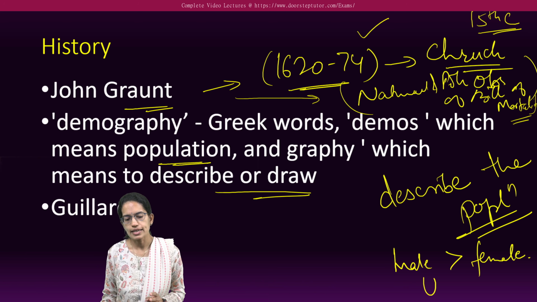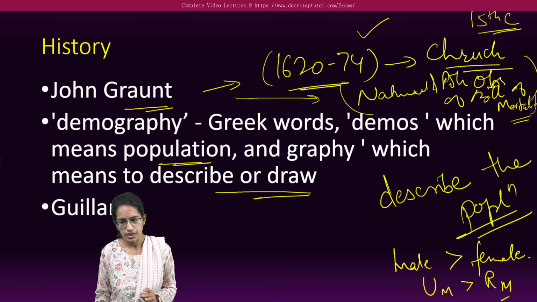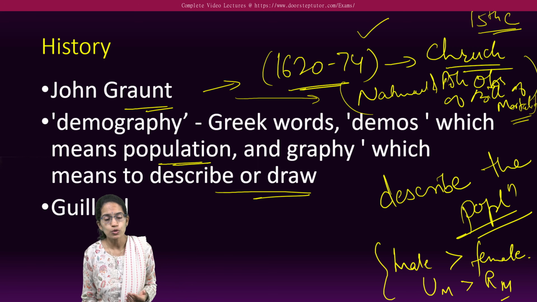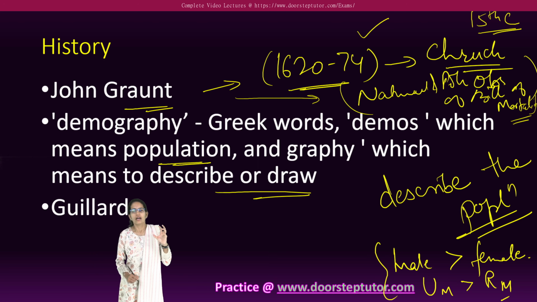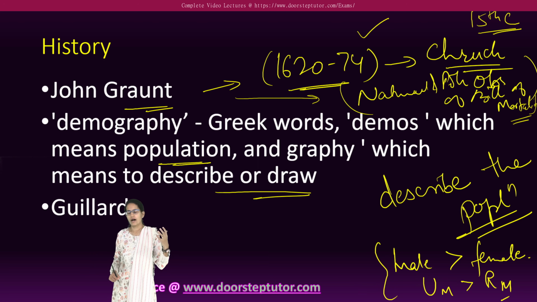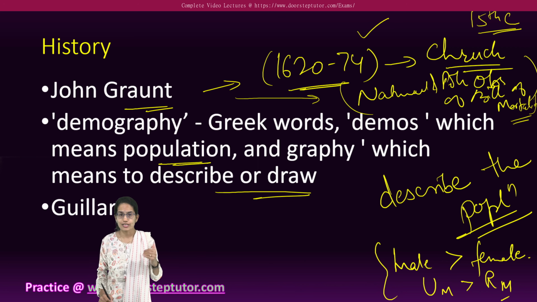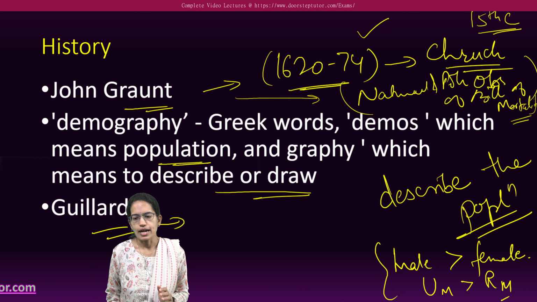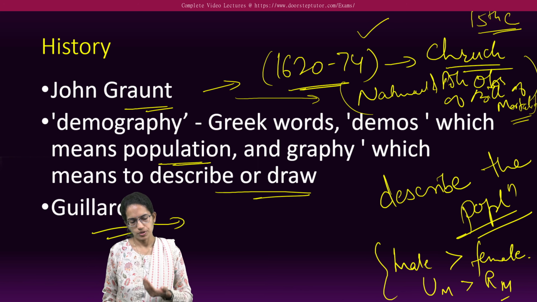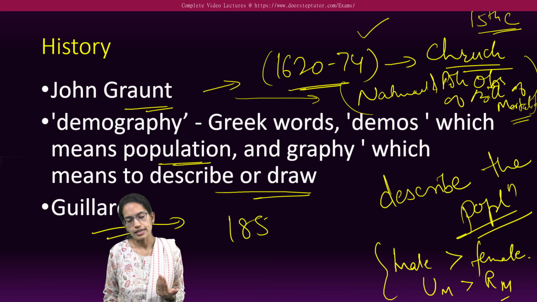The mortality rate in urban areas is greater than the mortality rate in rural areas, and those were some of the findings that he laid down. So demography actually talks about a scientific way to explain the population, and Guillard said that this concept was more scientifically put forward.